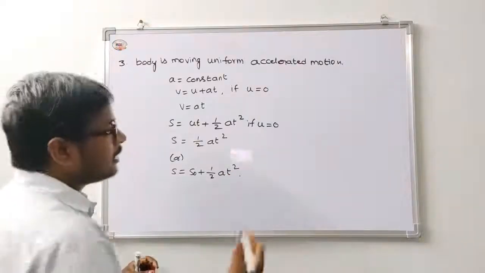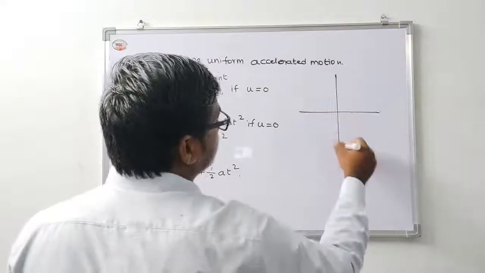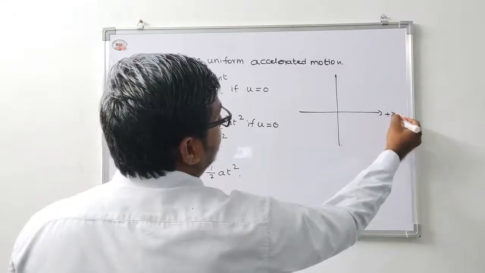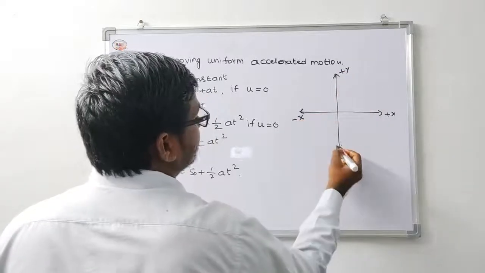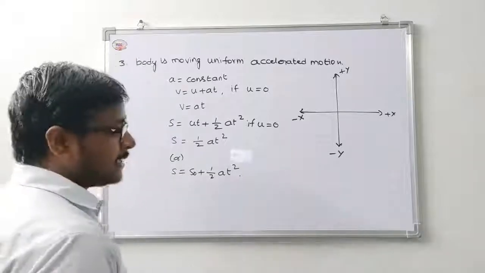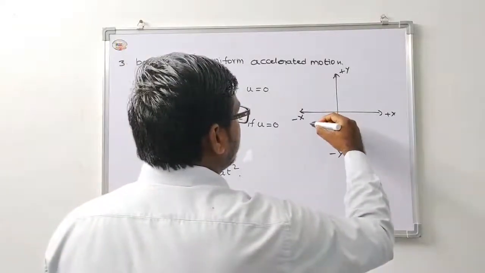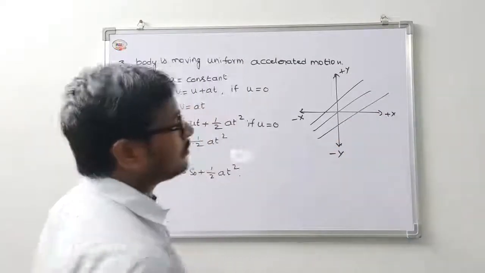Okay, in this coordinate system, positive x, positive y, negative x, negative y. The tangent lines are drawn in this way.